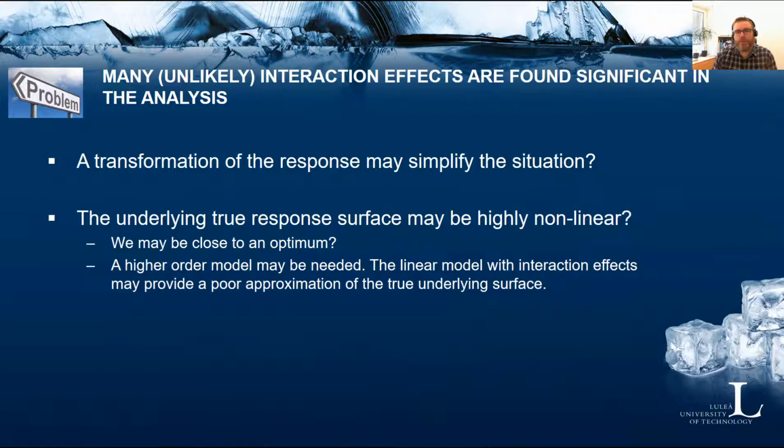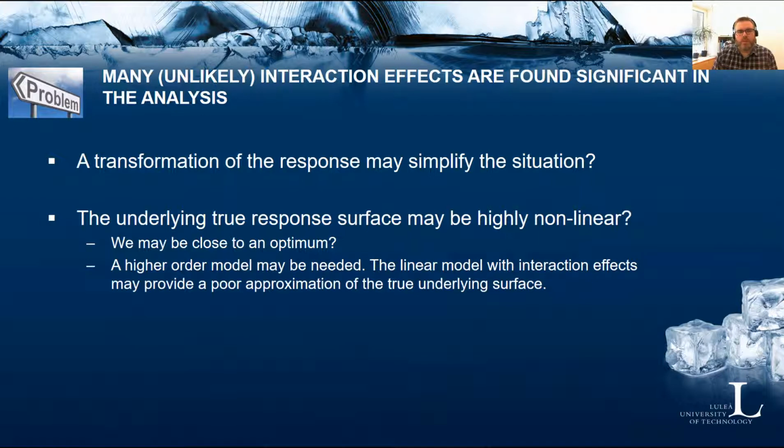We may, for example, be close to an optimum, or we may be in an area of the underlying response surface where a linear model with interaction effects only may provide a poor approximation of this true underlying surface.